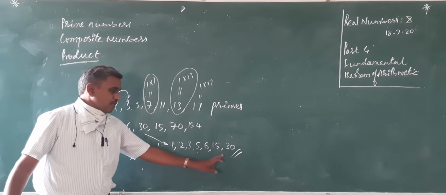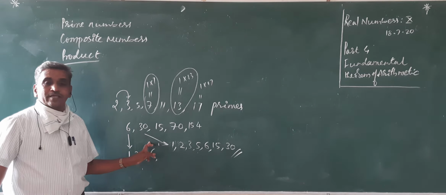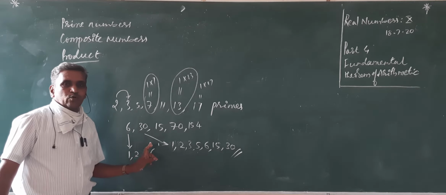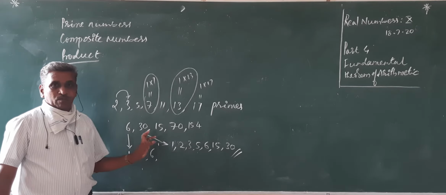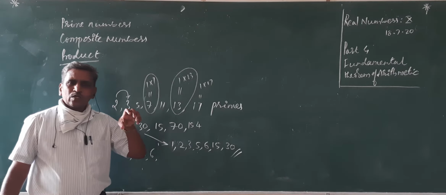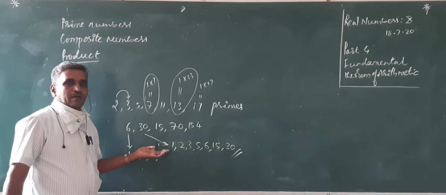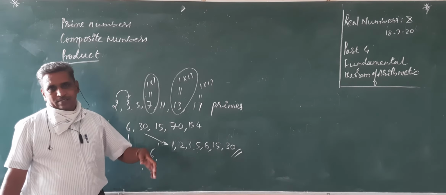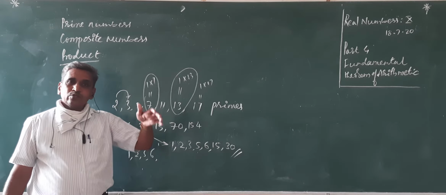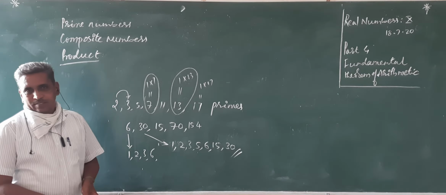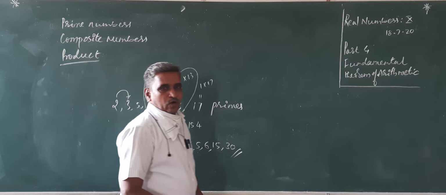So all these numbers divide the given number. It means in these numbers the factors are more than 2. If only 2 are the factors, then they are said to be prime numbers. If a number has more than 2 factors, meaning more than 2 numbers divide the given number, it is said to be a composite number.